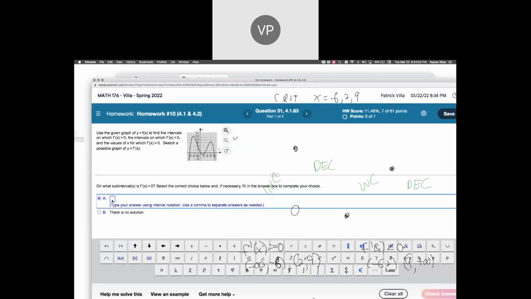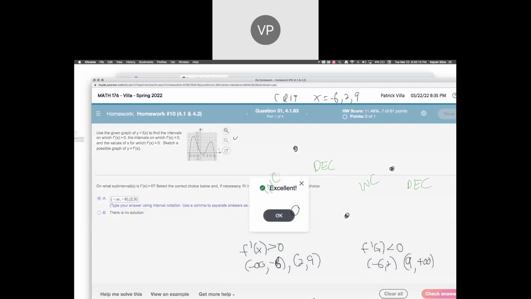And where is it greater than 0? Where is it increasing? Okay, so everywhere from -infinity up to -6, we said. And again, they wanted the comma in between the intervals. And there's our first answer.